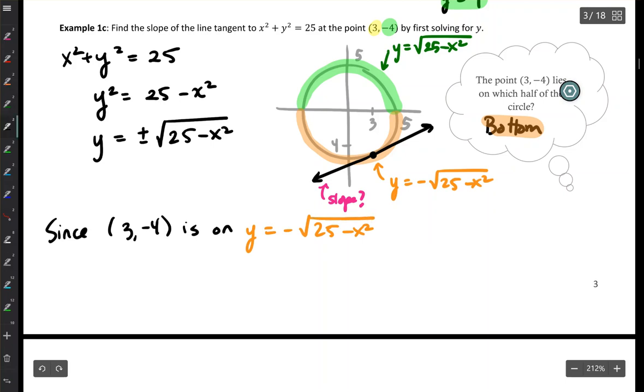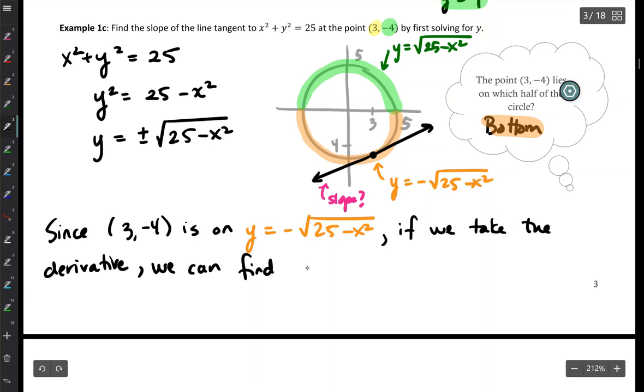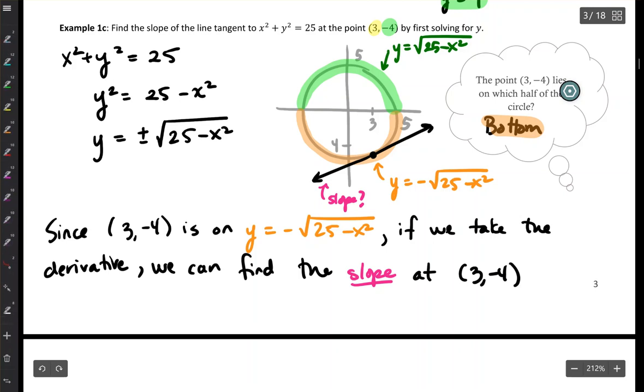If we take the derivative, then we can find the slope at the point 3, negative 4. When x is 3, y is negative 4. All right, so let's do it.